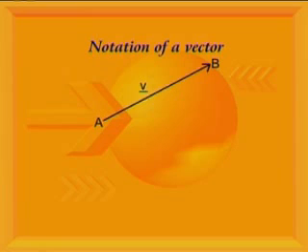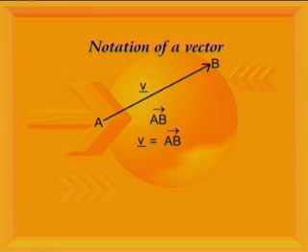The notation for vectors, we know, if we are given the tail and head, just like here, then AB with an arrow above it is one of the notations, or a small letter underlined, or in print, it is bold type.